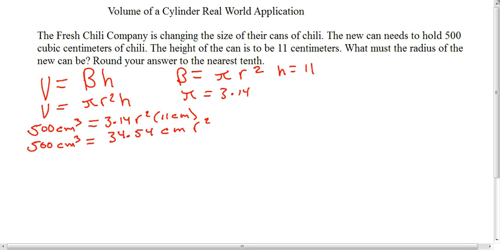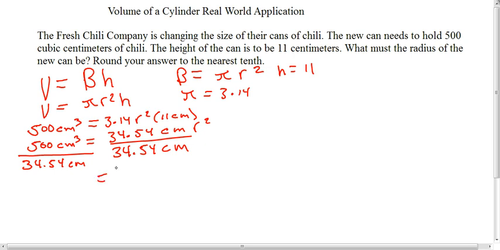Well, what we need to do now is get radius squared by itself. Since it is being multiplied by 34.54 centimeters, we need to divide both sides by 34.54 centimeters. Remember, what we do in an equation to one side, we have to do to the other side, or we unbalance the equation.